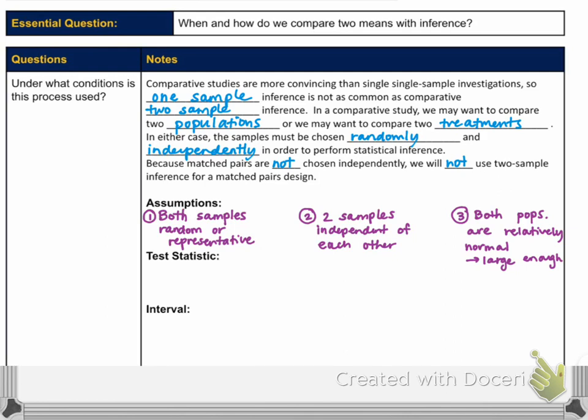Once you have that, your test statistic is going to look similar to what you already know. You're going to take your 2 means and subtract them. Your null mean is typically 0, because we're assuming that the 2 populations have the same mean, so that difference would be 0. And then down at the bottom, you're taking that standard error formula, that s over the square root of n, and again, thinking back to the part about combining random variables, when you take a standard deviation to combine them by subtraction, you have to square them first to go to the variance.